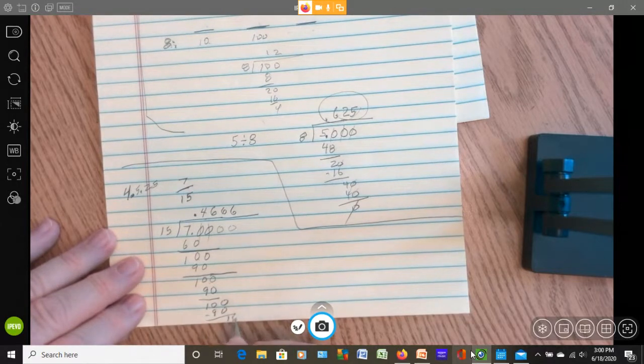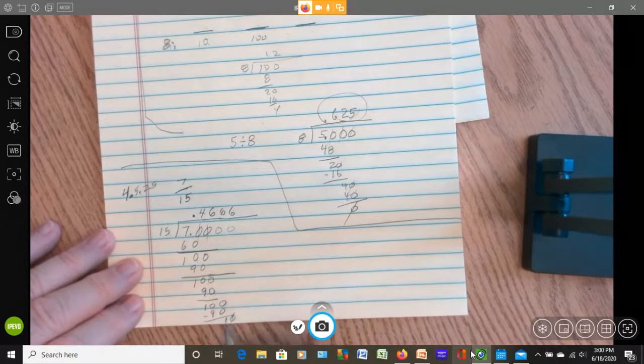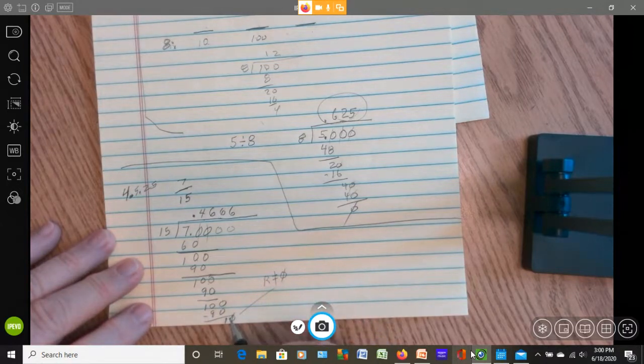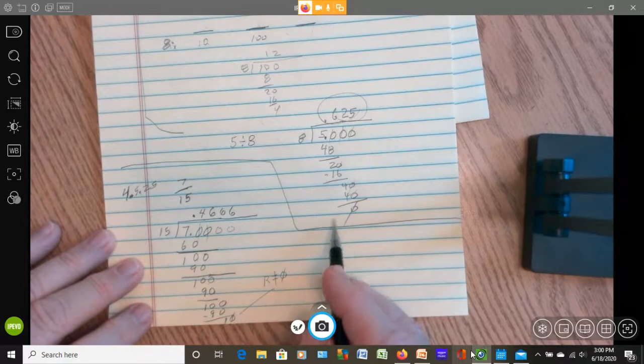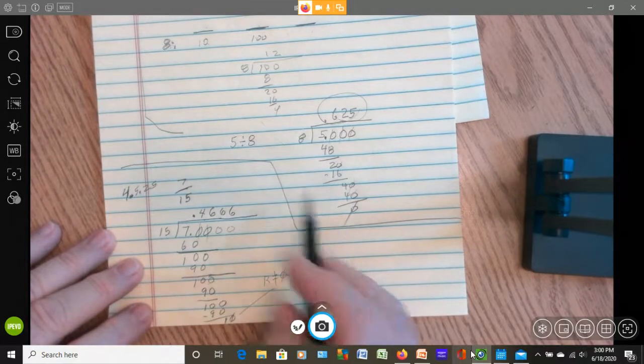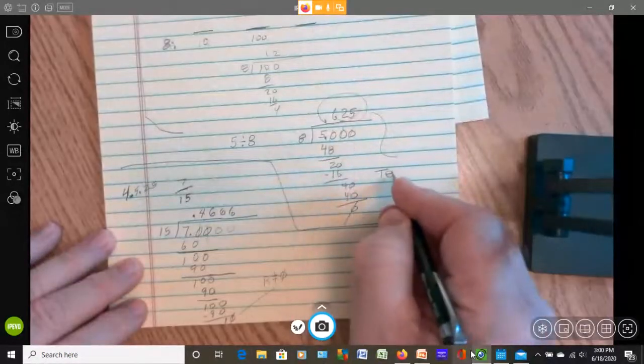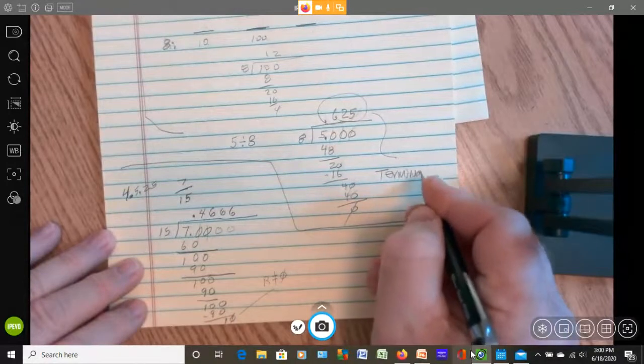I want you to please notice that we're never going to get to a remainder equal to 0. Over here, we did get to a remainder equal to 0 for this fraction. So please notice, this is called a terminating decimal.